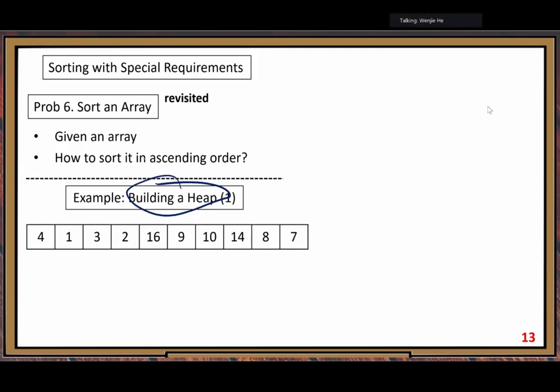Then we can do the heap sort. The question, how to do it? The basic operation we need to use here is very simple. Local heapify. Max local heapify operation. Local triangle, swap, the same operation we used before.